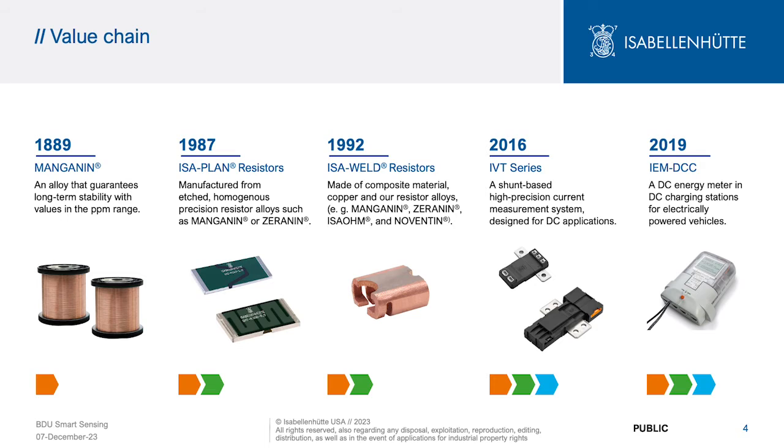In 1992, we started with our Isaweld resistors, which are made of composite material, copper, and our resistor alloys. In 2016, the IVT series was launched, a shunt-based high-precision current measurement system designed for DC applications. And lastly, in 2019, we launched our first DC energy meter called IEM.